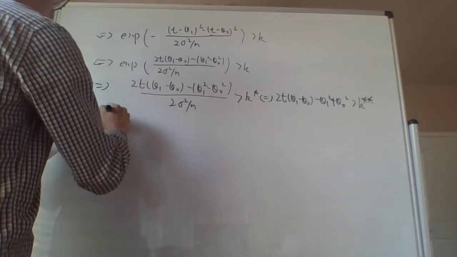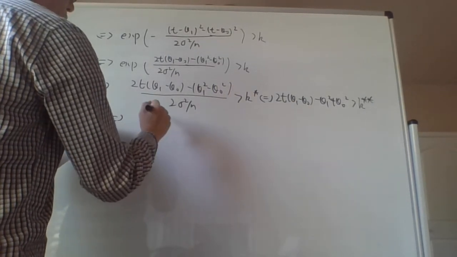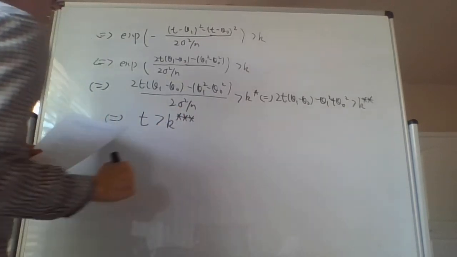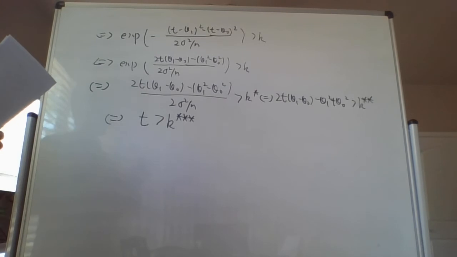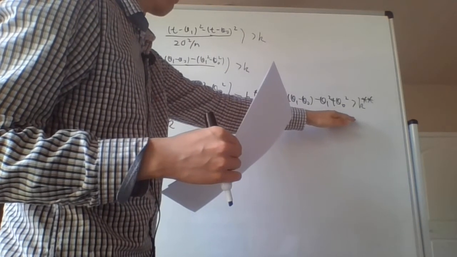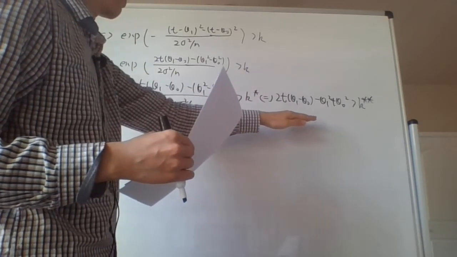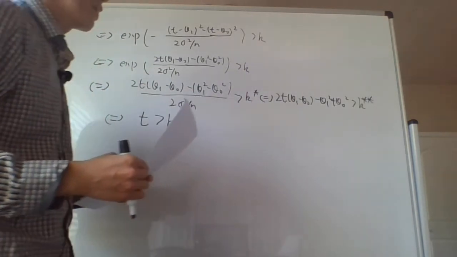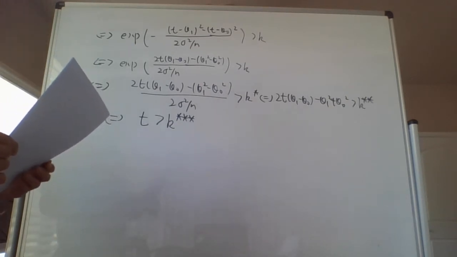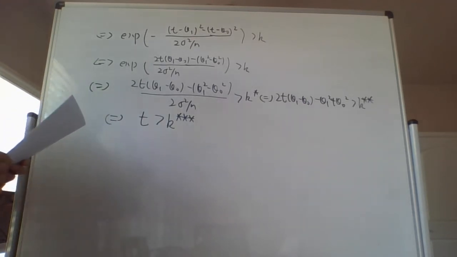If we multiply once more, we can get t is greater than k star star star. Here theta 1 and theta 0 are constants, so in this case we can add theta 1 square and minus theta 0 square on k star star and divide by theta 1 minus theta 0, and then I express the new form of k star star as k star star star.